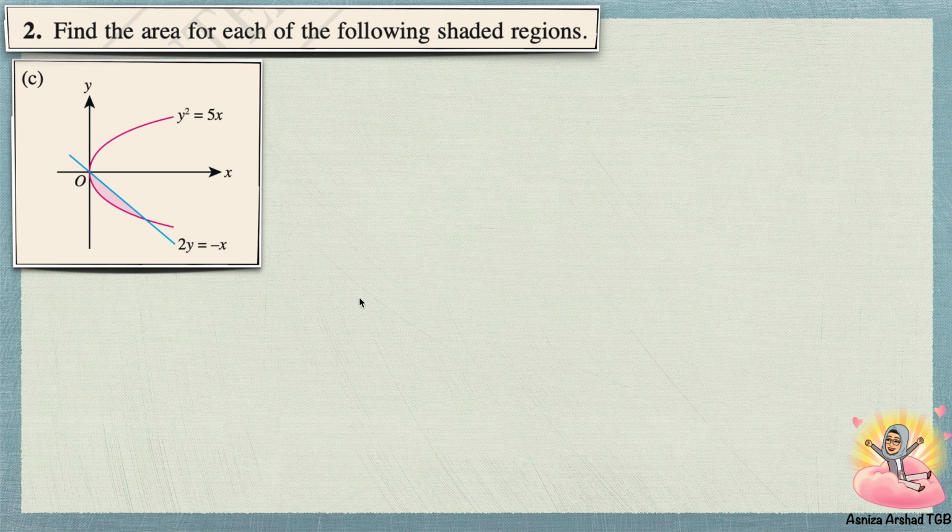So it involves 3 areas. The first area is between the curve y equals negative x minus x squared and the x-axis. The second region will be between the cubic curve and the x-axis, and the third region is between both graphs.